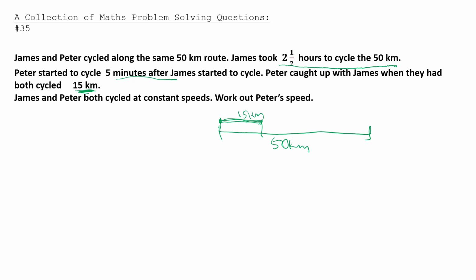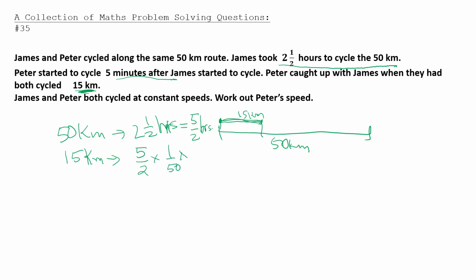So for James we have got 50 kilometers in 2.5 hours, so that I write as 5 out of 2 hours, and 15 kilometers then will be covered in 5 out of 2 divided by 50 multiplied by 15.